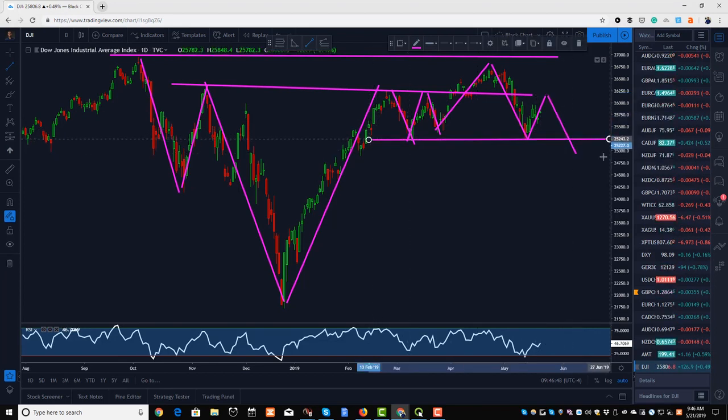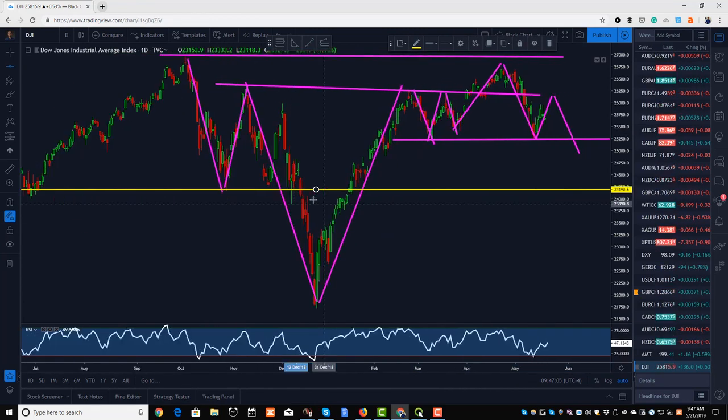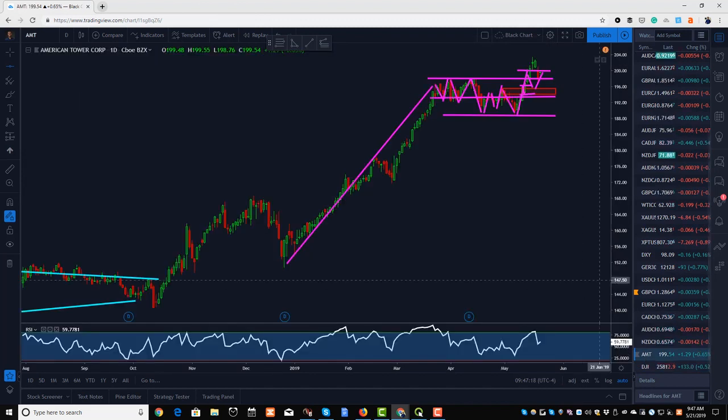If we can break these lows here, we can probably come back down to probably right around this level. Maybe a little bit high. Yeah, right around this level. Not a bad level of structure. So something to keep an eye on, higher time frame. I don't think we're going to break these lows. But you never know. But you never know. Here's AMT real quick.